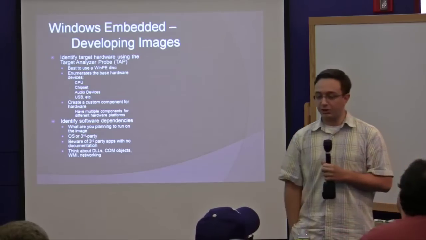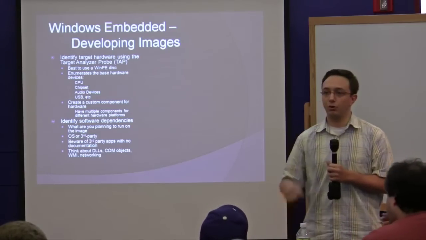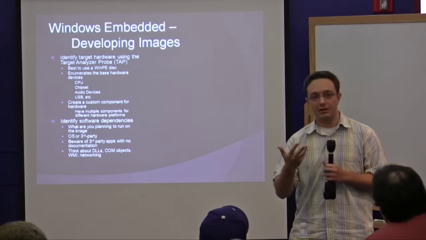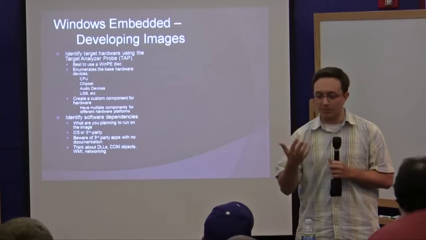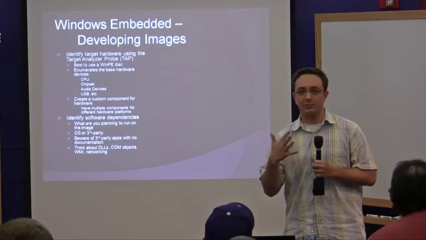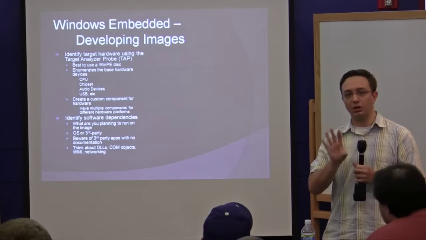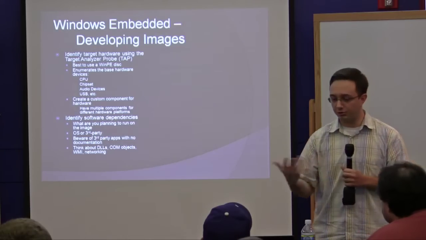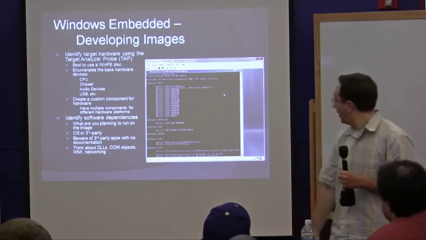You have to think about not just what the program is directly referencing, but things that it may load at runtime, like dynamic DLL loading, COM objects, or Windows Management Instrumentation. You can't just tell all those things by looking at an application from the outside in. So there are tools that we can use to help out on that.